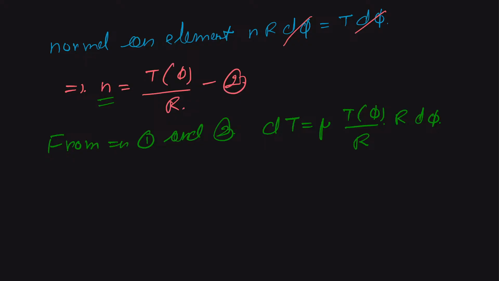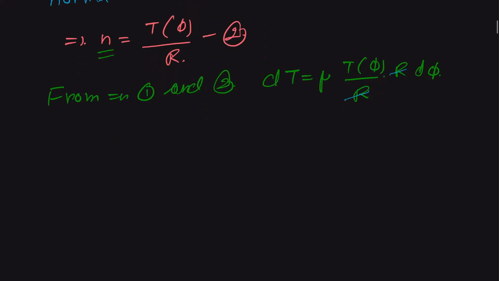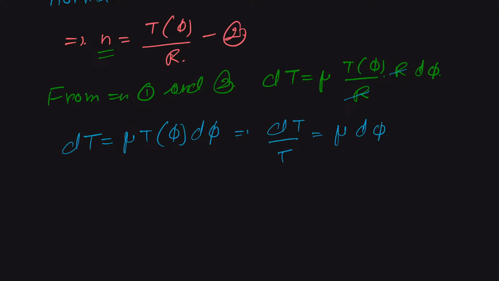Here R and R cancel, therefore we get d of T equal to mu T of phi d of phi, or we can just separate the variables. We can write this as d of T upon T is equal to mu d of phi.